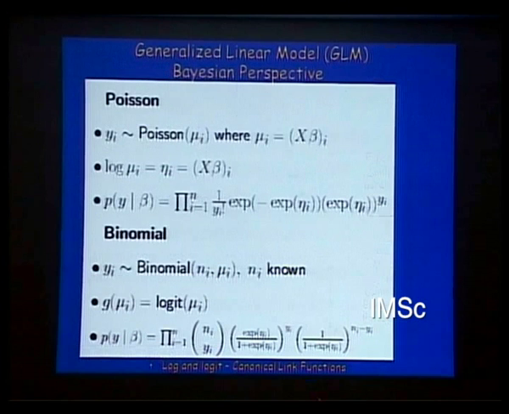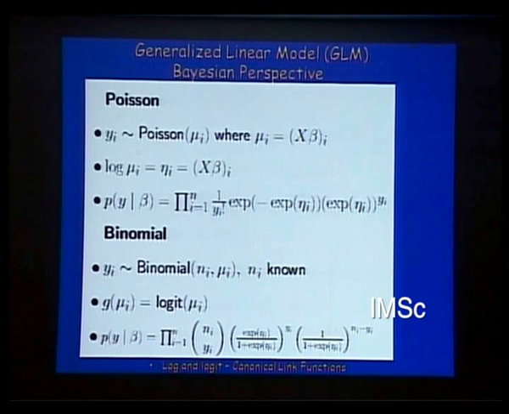Okay? So just as an example, this is how you typically specify it. Y is some distribution with a parameter, and the parameter mu_i, or some function of the parameter, is linearly related to the covariates or predictors. Okay? And then you get your betas, and then you come back.